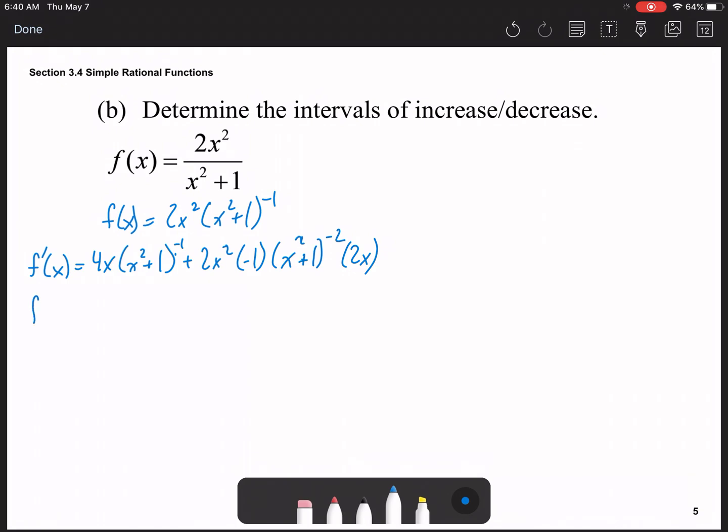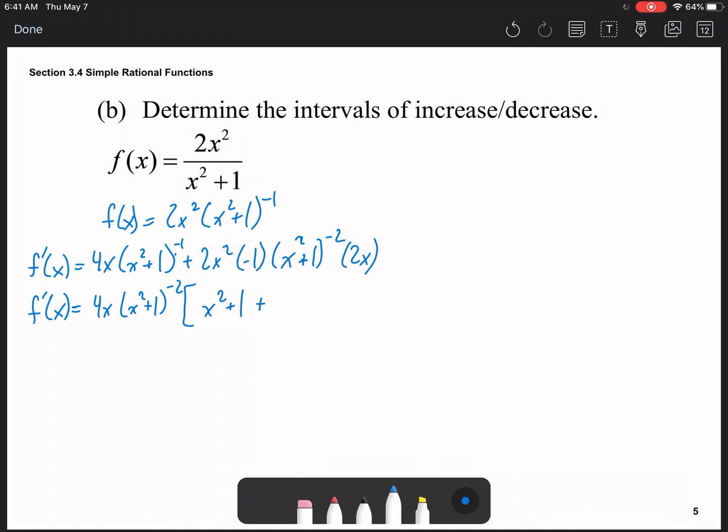From here, to better calculate when I have zeros, I should try to factor it. So you might notice that there's a 4x that's common between both of them, and there's an x squared plus 1 to the -2. We always choose the one with a lower exponent. That's common. So that leaves me with an x squared plus 1 from the first term.